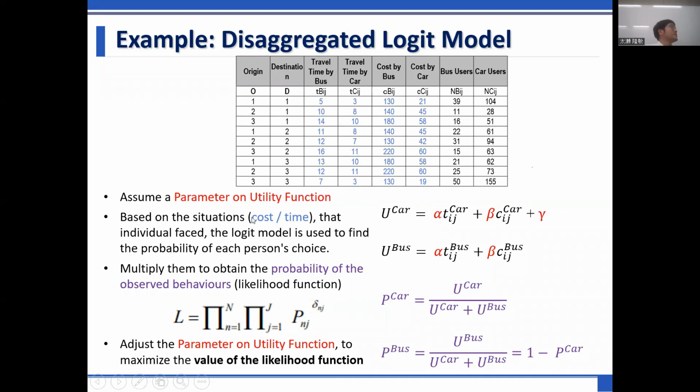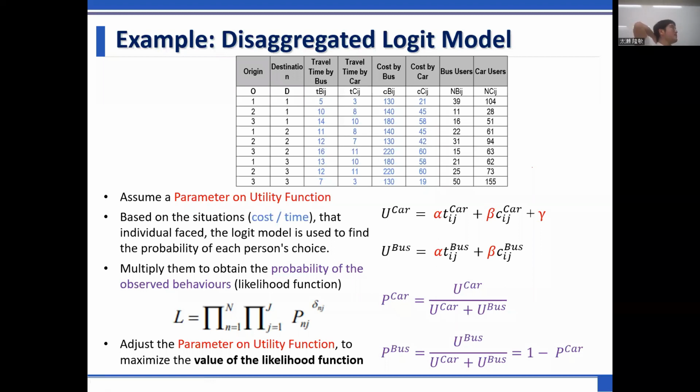Then, based on the situations, so-called the travel time and travel cost by car and bus that the individual faced, the logit model is used to find the probability of each person's mode choice behavior.